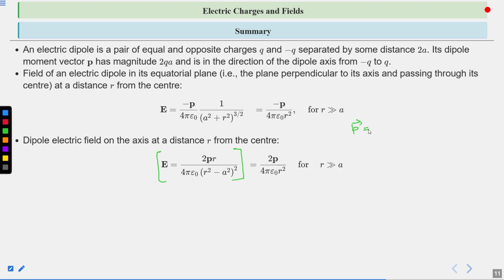P is the electric dipole moment, and the magnitude of P is equal to q into 2a, the charges separated by a small distance. Now again there is a condition. When r is greater than a, in that case the electric field on the axis at a distance r is this one, 2p divided by 4 pi epsilon naught r cube. Clear?